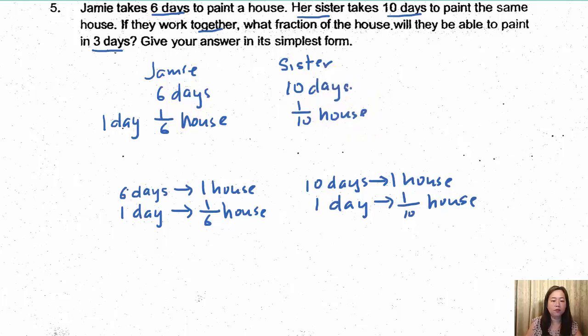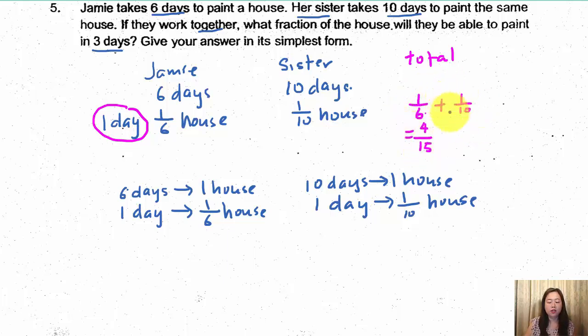So what happens if they work together? So when they work together, in 1 day, they will be able to paint 1/6 of the house plus 1/10 of the house. And it will become 4 out of 15 of the house.